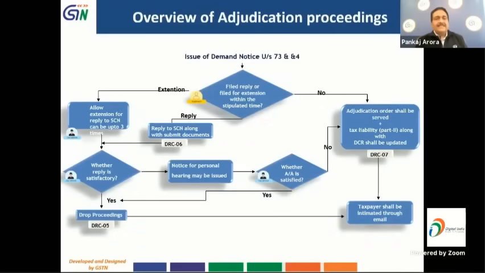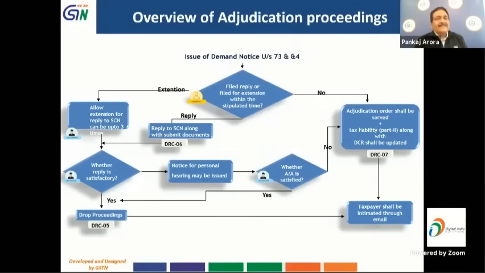In such a case, where the demand notice is issued, the notice will be available to the taxpayer at the GST portal, and he is expected to file a reply. Suppose he is not able to file the reply within the period specified in the notice by the tax official, in such a case he can apply for an extension, and this facility of seeking an extension is also available on the GST portal for the taxpayer.